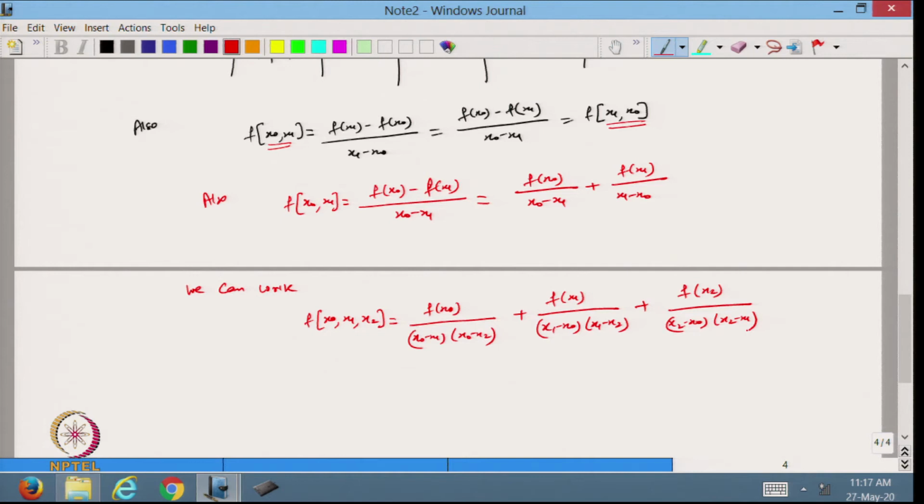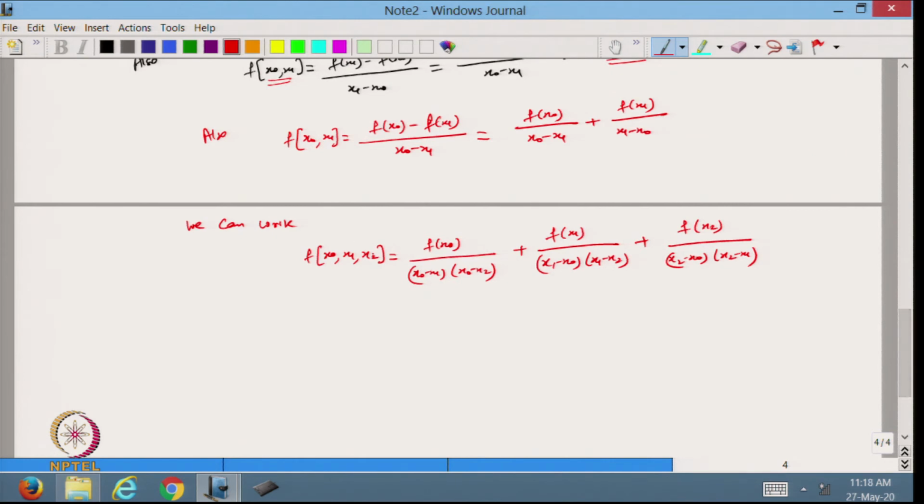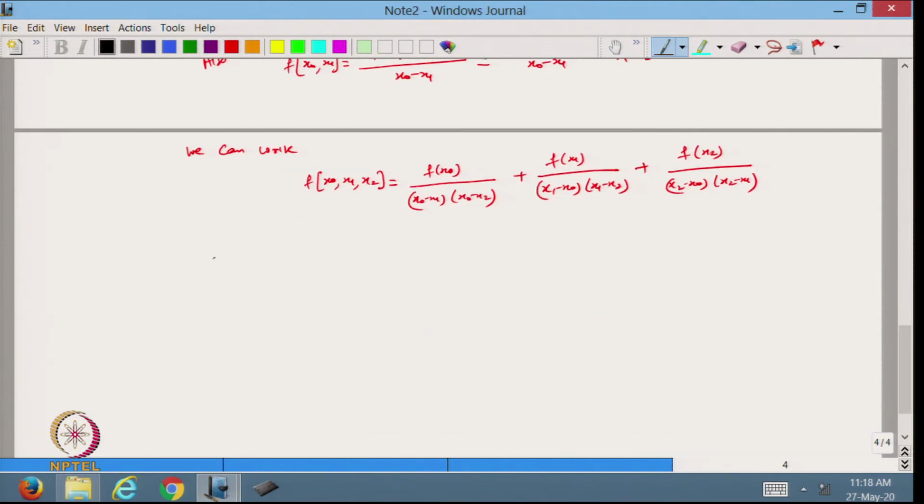So the third divided difference can be directly written in this form, and from here we can say that interchanging these arguments, the values of xi, does not matter, it will be the same.